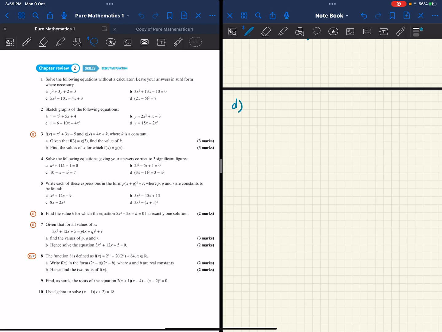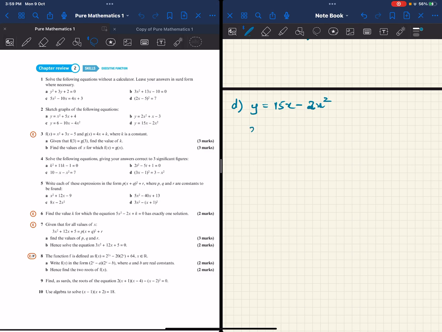We have y is equal to 15x minus 2x squared. Again, this is a graph which has a negative quadratic because x squared is negative. So we can simply factorize this by removing common out.